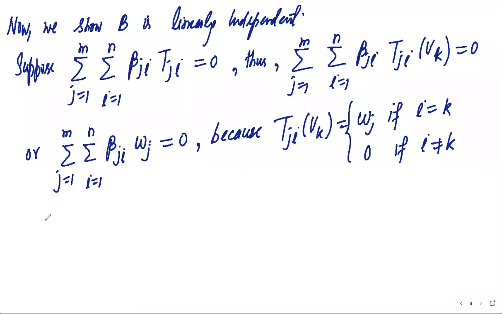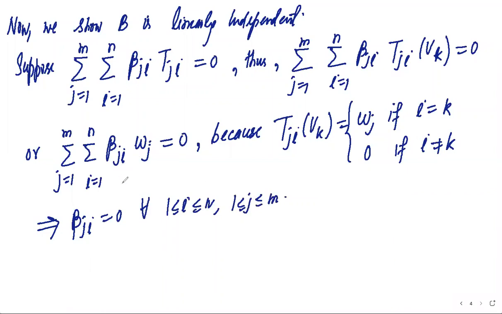So this implies beta_ji is equal to 0 for all 1 less or equal to i less or equal to n, 1 less or equal to j less or equal to m. Why so? Because this w_j is a basis of W. The linear combination cannot be equal to 0 unless every coefficient is equal to 0. So we are done. Okay.